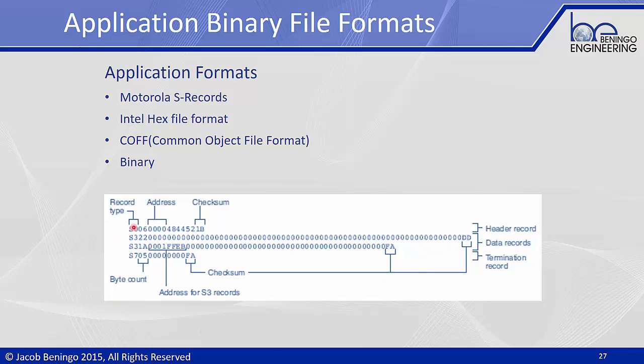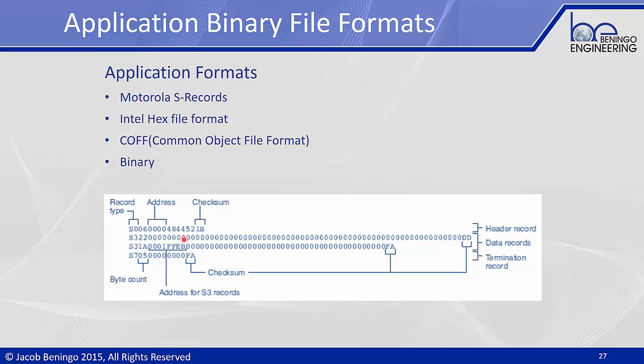What you find is that you have a header and basically a footer at the end for each application. And then the information in between is your actual application code. And it's broken up into an area for address space, which is basically going to say, hey, the data associated with this record is going to be located at address location, maybe hex 80,000.